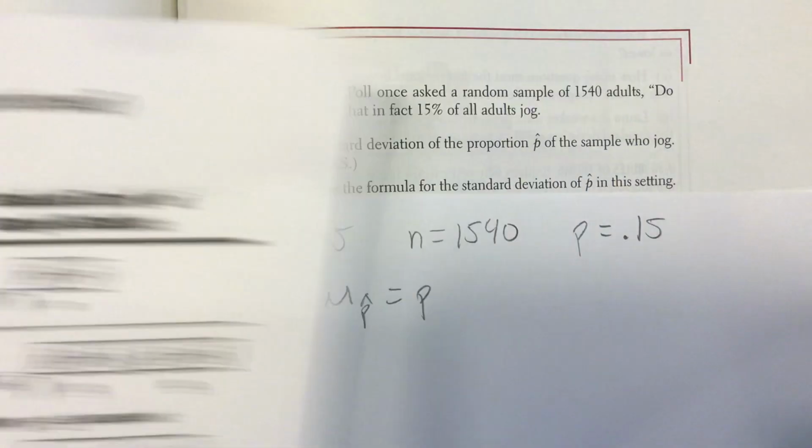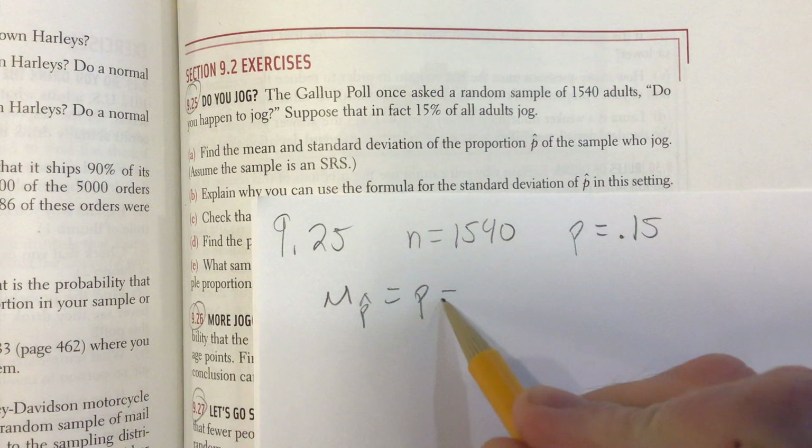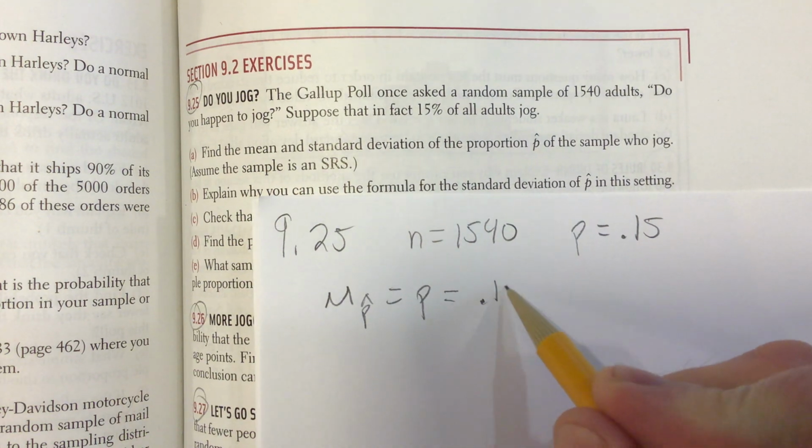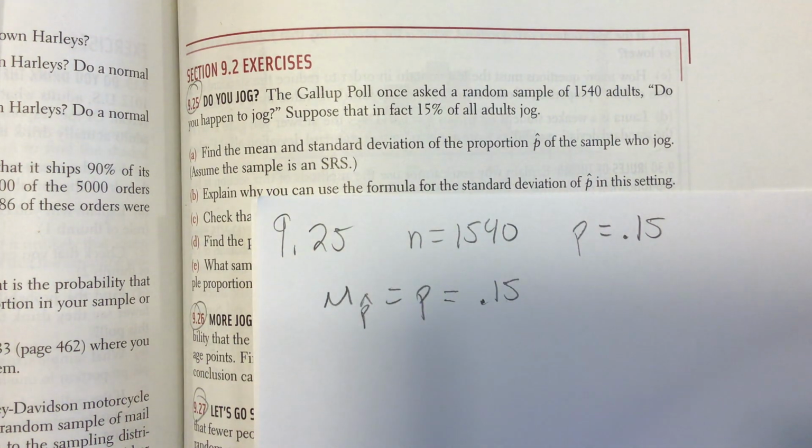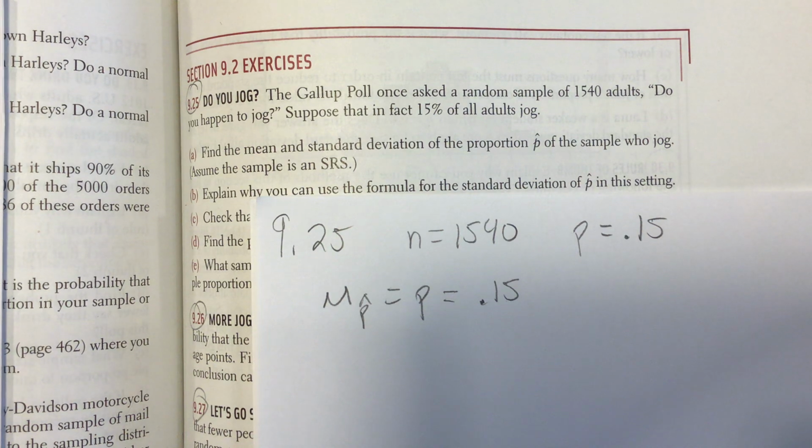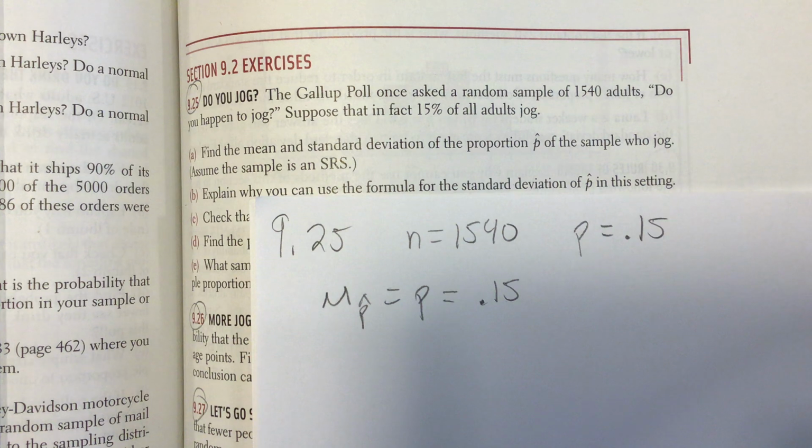So in this case, we would say it's 0.15. And again, that's the mean of the sampling distribution. So sometimes we'll get less, sometimes we'll get more. But as long as we're doing an unbiased random sample, that should be the average.